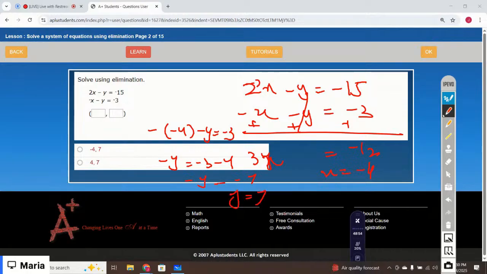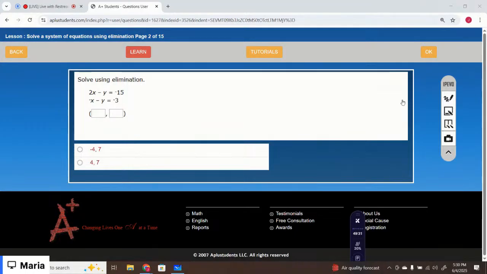Option number 1 is the correct option. That is negative 4 and 7.